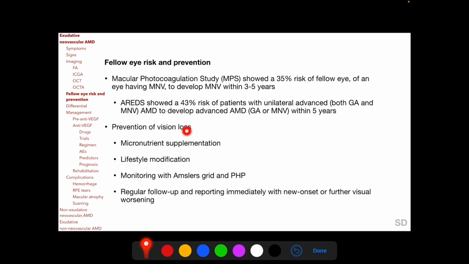Risk of further vision loss can be reduced with micronutrient supplementation, lifestyle modification, particularly smoking cessation and weight reduction, monitoring with Amsler grid and PHP, which we have discussed in an earlier session, and regular follow-up along with immediate reporting of a new onset or further visual worsening.